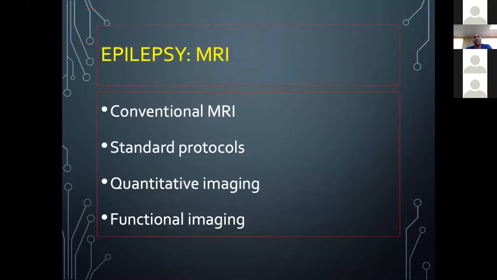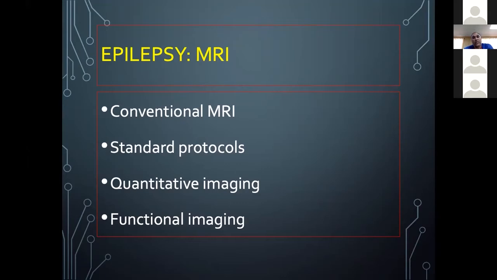Coming to imaging, CT is important, especially in our country as well as in the South Asian region, where infections constitute an important cause of seizures, and because they tend to get calcified, these infections produce calcified lesions.